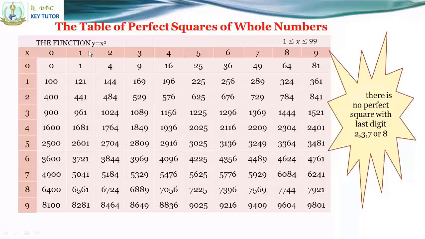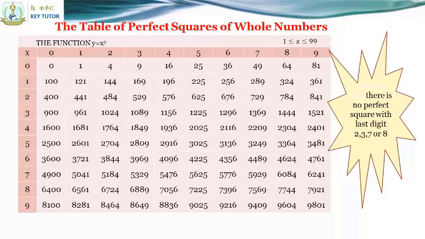The perfect squares in the column of 1 have last digit 1. Do you have another column that has perfect squares with last digit 1? Yes, 9. So the perfect squares in columns 1 and 9 end in digit 1.